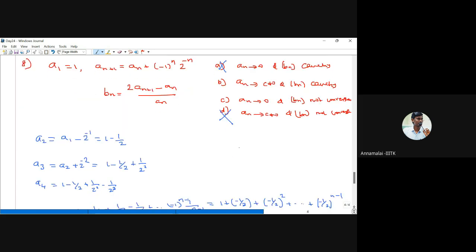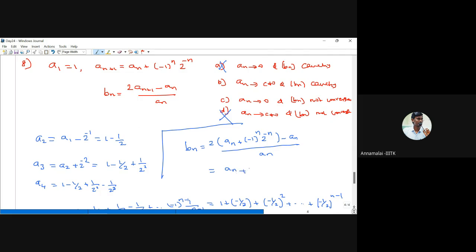Now what is bn? bn is 2 times a(n+1) divided by an. So now substitute the a(n+1) value here. Therefore bn equals 2 times, what is a(n+1)? a(n+1) is an plus (minus 1) power n times 2 power minus n, all divided by an. Now multiply the 2 inside, we have 2an. Already we have 1 an, therefore we get just an.